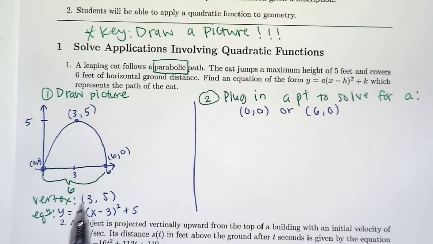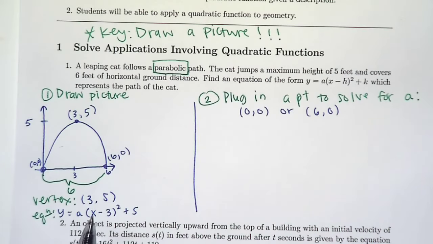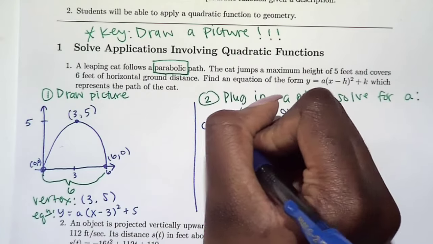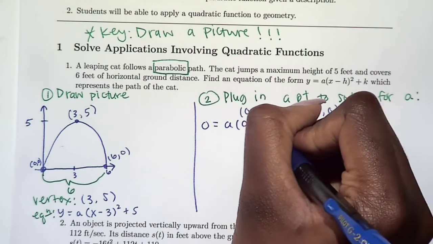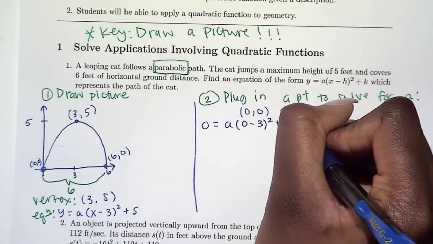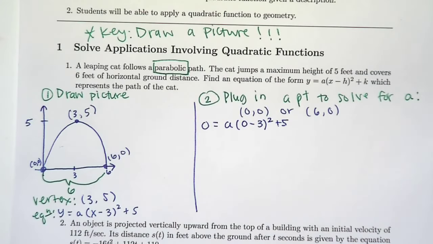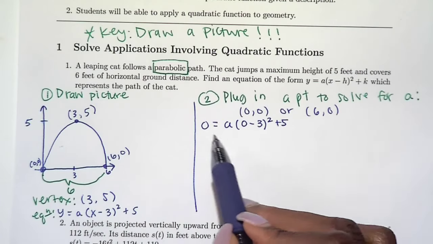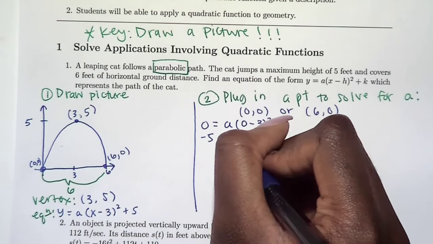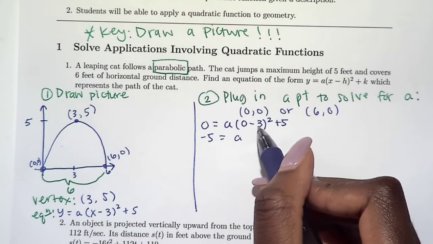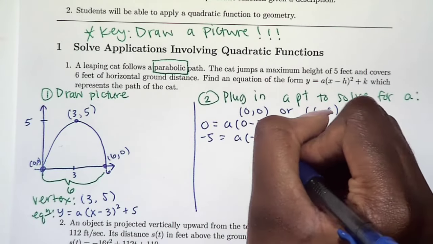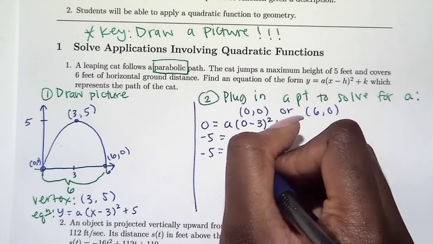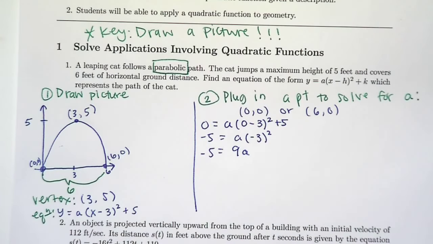So I'm going to plug 0, 0 into here. So my x will be 0 and my y would be 0, and so then I would solve for a. Okay. I'm going to subtract the 5 on both sides. And what is this? Negative 3 squared, which is 9. So we got 9a.